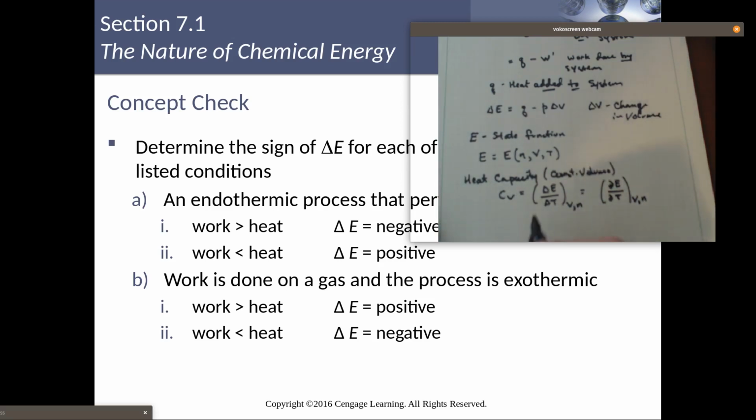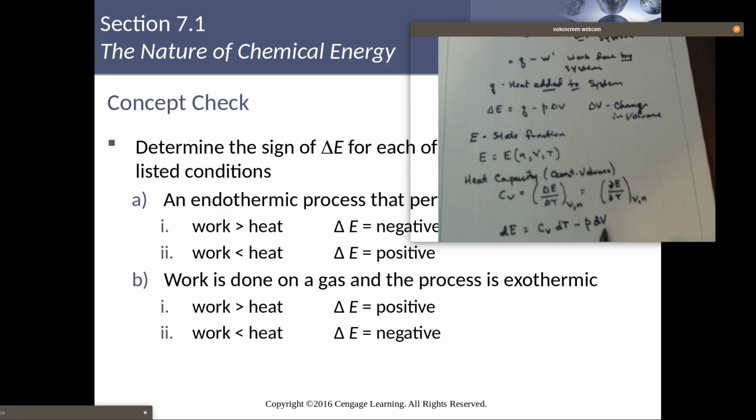So I could write out that the differential change, dE, meaning the infinitesimal change of this delta E, as something like CV times dT minus the pressure times dV.